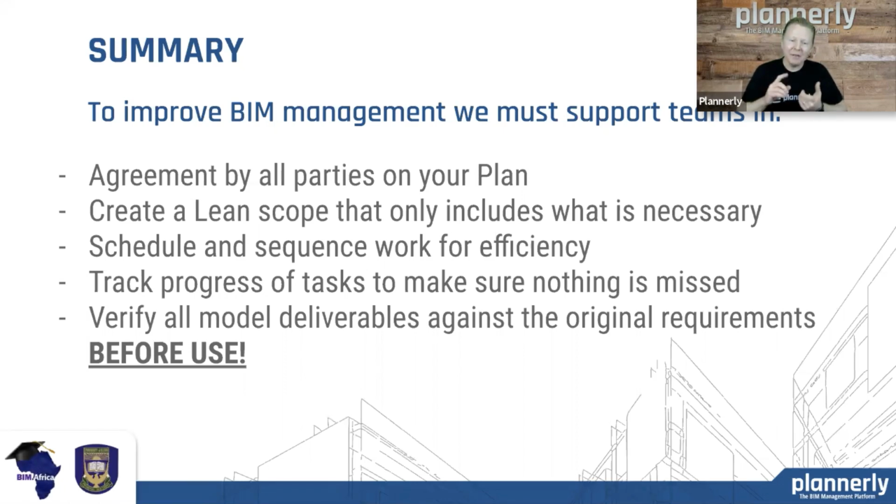And then we need to have a schedule that works in a really efficient way so that it's sequenced for clash avoidance rather than clash detection. And having a task management solution all in the same application, make sure that nothing is missed. And then as we drop the model in, we need to be able to verify against the original requirements before we start using it.